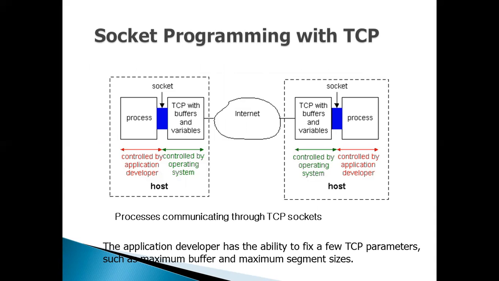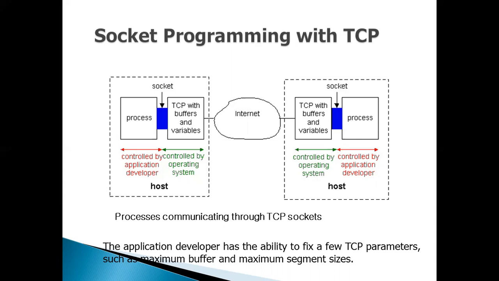When you connect two machines, one socket has two parts. One is the process, controlled by the developer, which you develop. The second is controlled by the operating system.